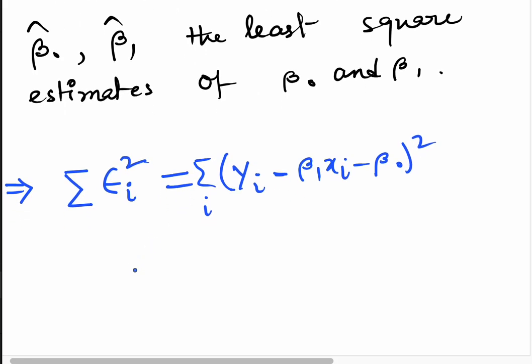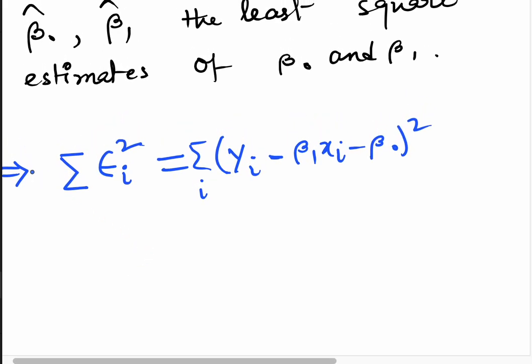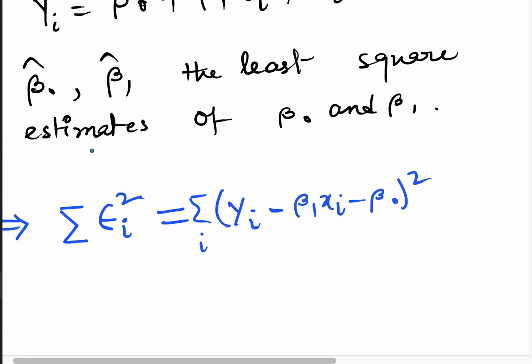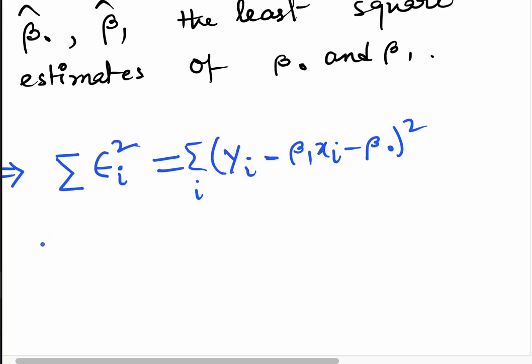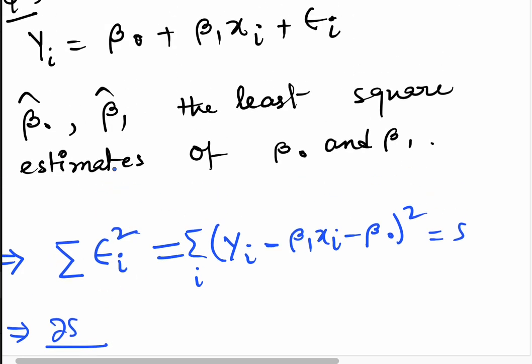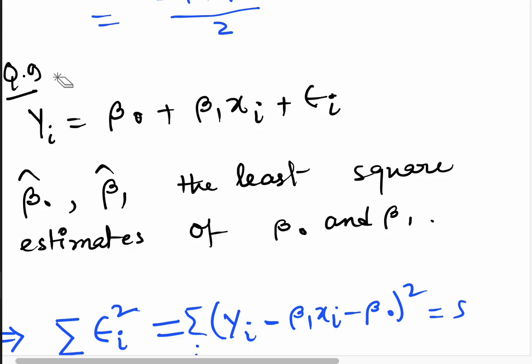Okay. Now to estimate the beta 0 and beta 1 values, we have to take the first derivative. Suppose this quantity is S, and suppose this is alpha and this is beta.